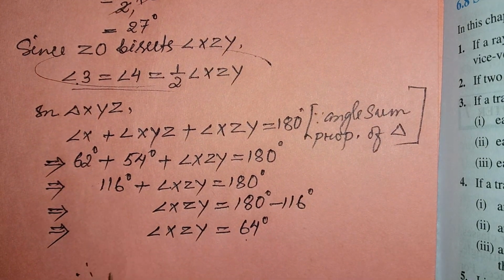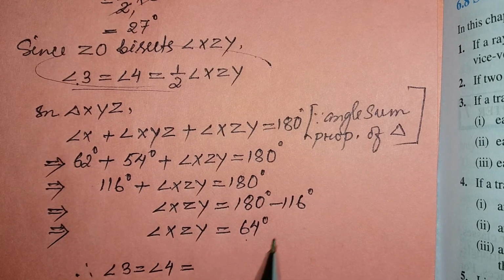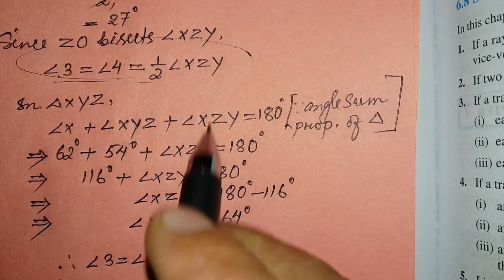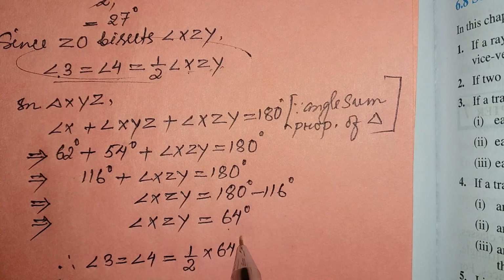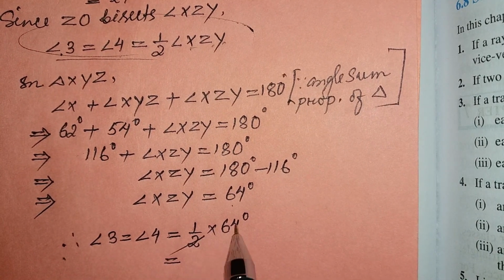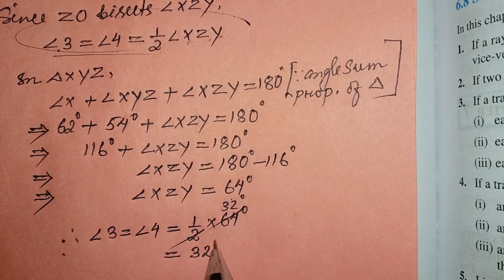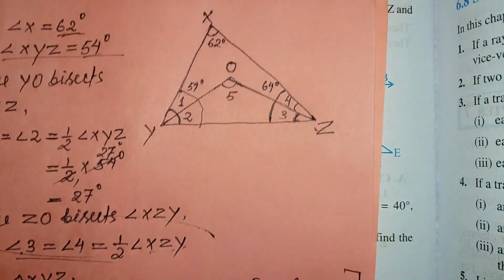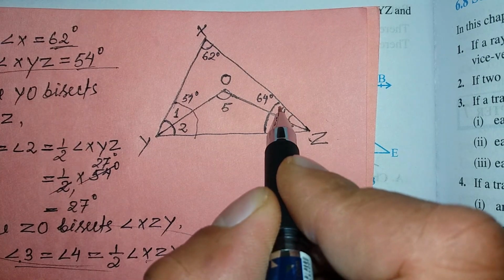Therefore angle 3 is equal to angle 4 is equal to half of angle XZY. XZY is 64 degrees, and half of it is 32 degrees. So angle 3 and angle 4 are 32 degrees.